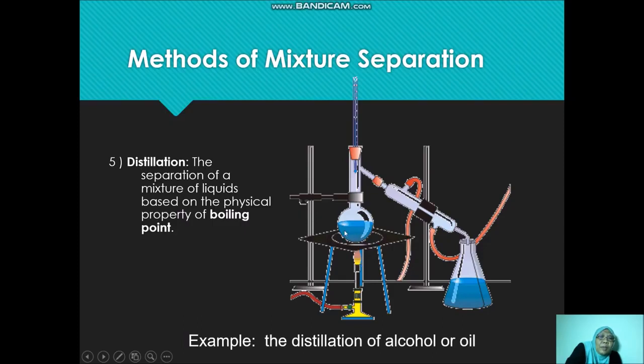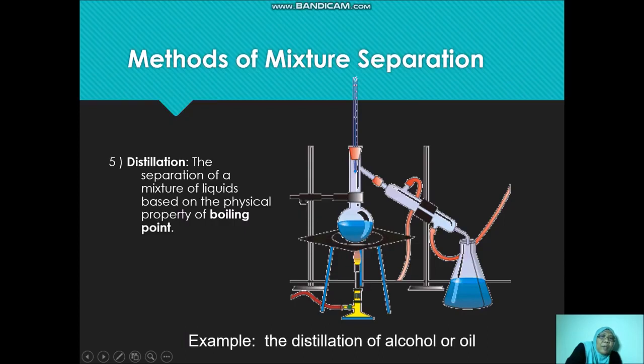First you heat the seawater in the flask, and then the water will evaporate and go to the cooler. In the cooler, the water gas will change to liquid and go into the Erlenmeyer. This is the pure water. In this case, you have separated pure water from the seawater.